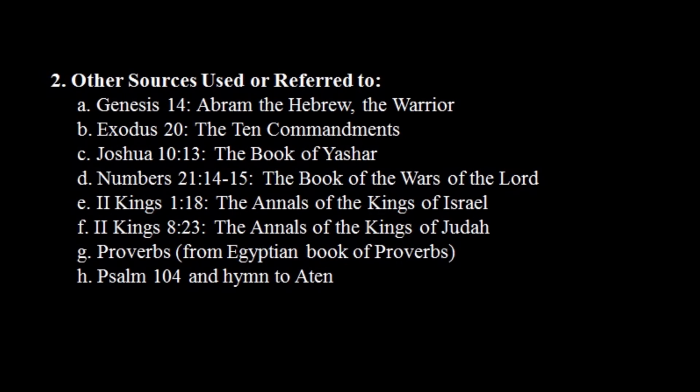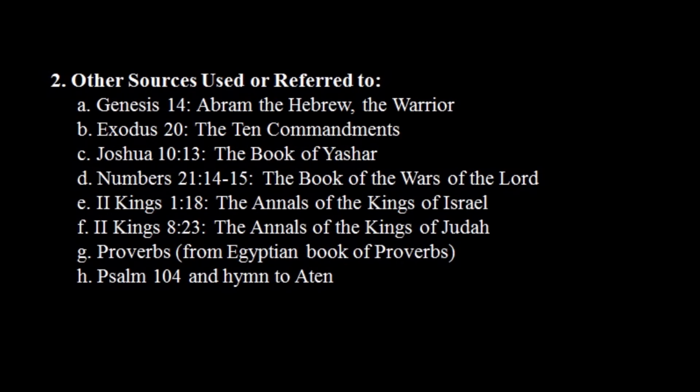We don't have the Book of the Wars of the Lord. A guy in the Middle Ages wrote something called the Book of the Wars of the Lord, but that's not the original. It was a philosophical book. Likewise, there's actually a book called the Sefer HaYashar, again a post-Middle Ages book that took the name. So this is another work that was probably like an epic poem that we don't have anymore.